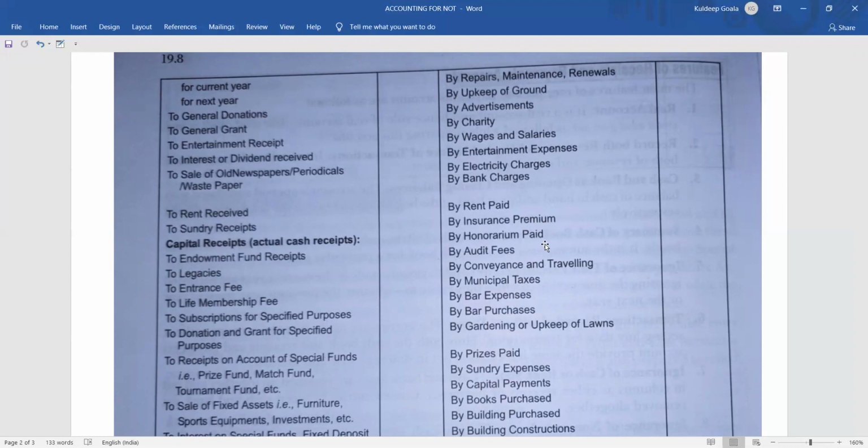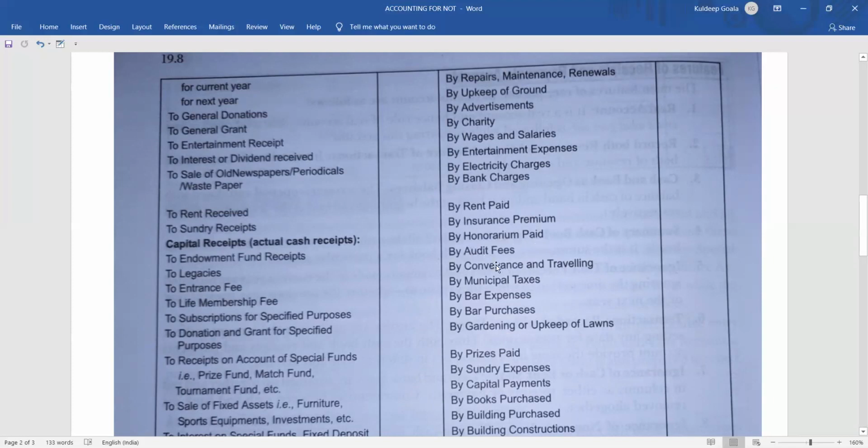For this you have to pay a certain amount of money to that doctor. That money will not be taken as wages because you cannot treat him as labor, nor as salary because you are not paying him monthly. So you pay a certain amount of money for honoring his service. That is why it is called honorarium.